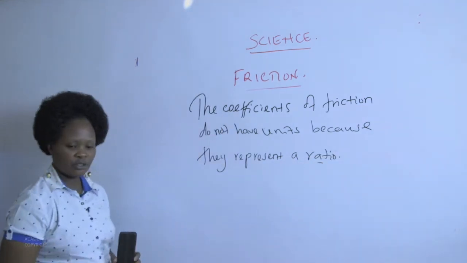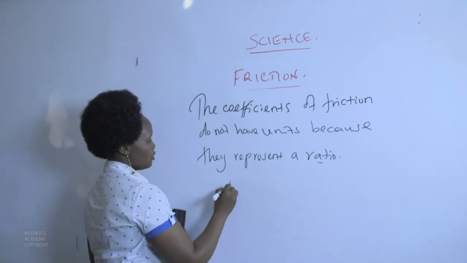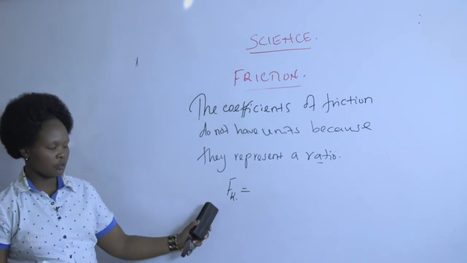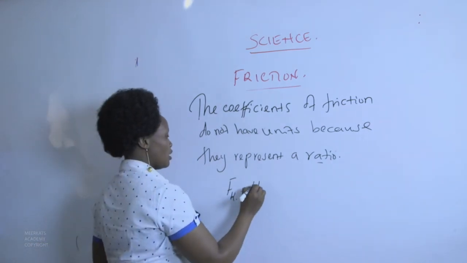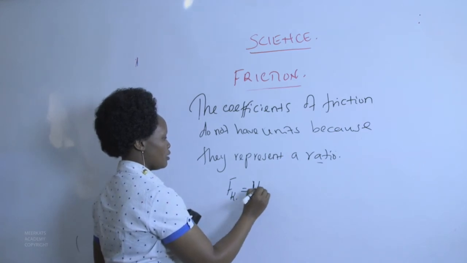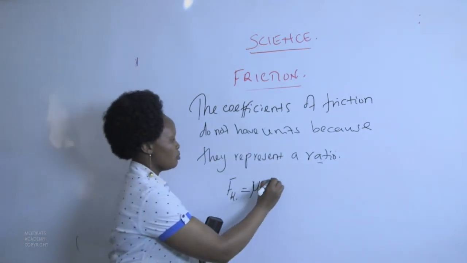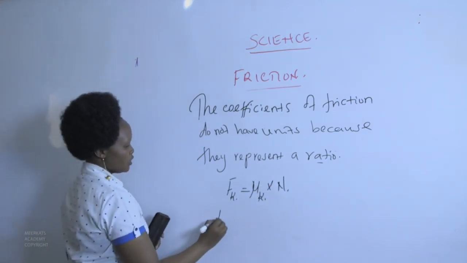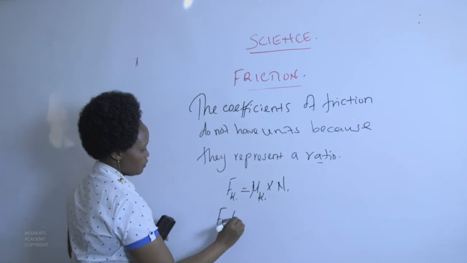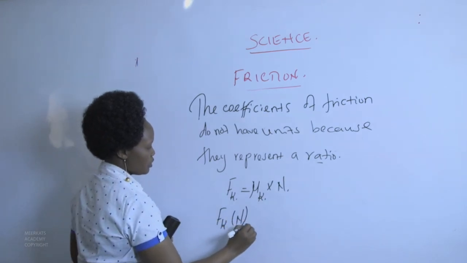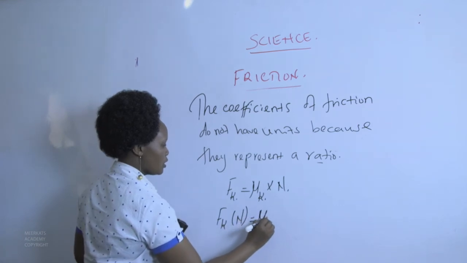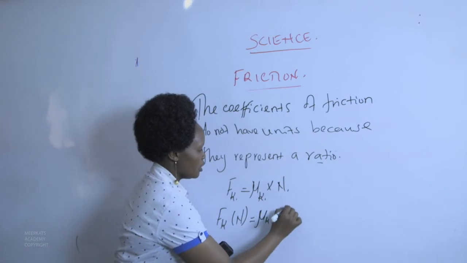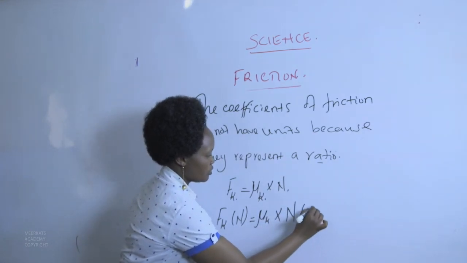Why do we call it a ratio? Look at, for example, the formula we have just applied, that of kinetic friction. We said it is going to be given by its coefficient multiplied by the normal. The friction itself is measured in newtons, the coefficient is what we are interested in, and the normal is also measured in newtons.